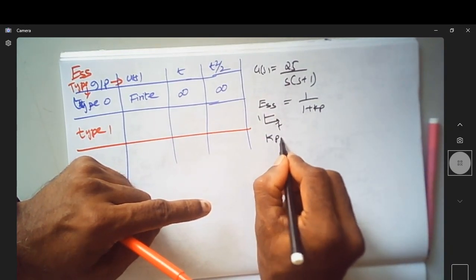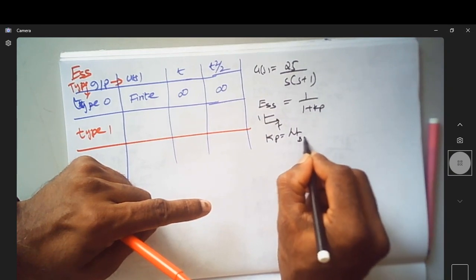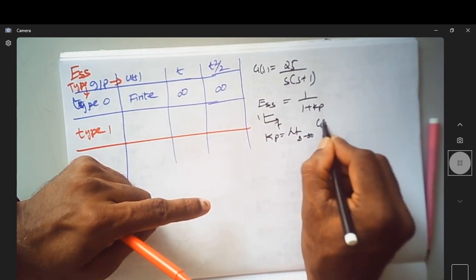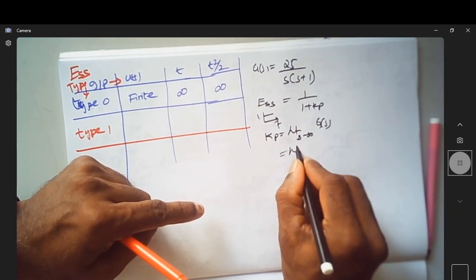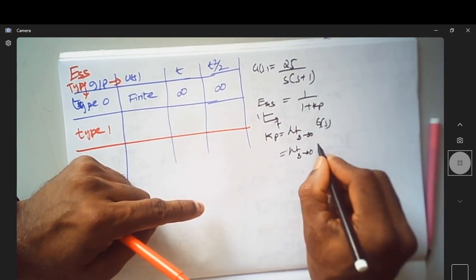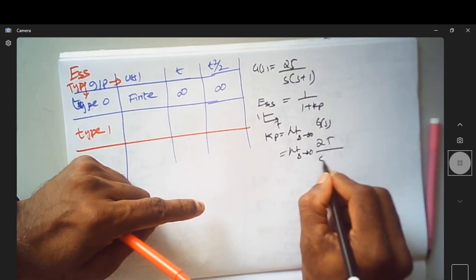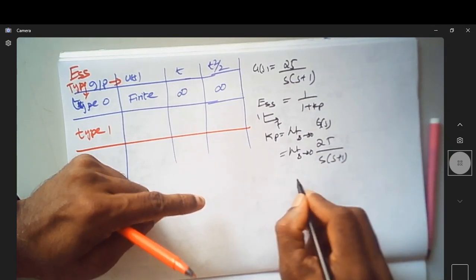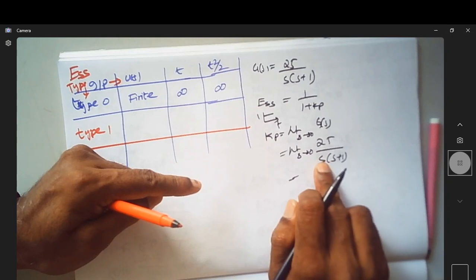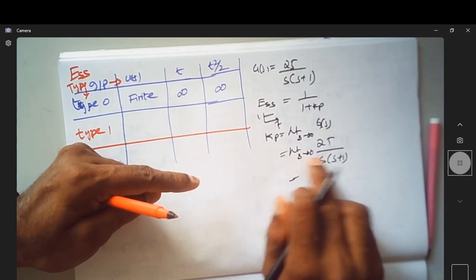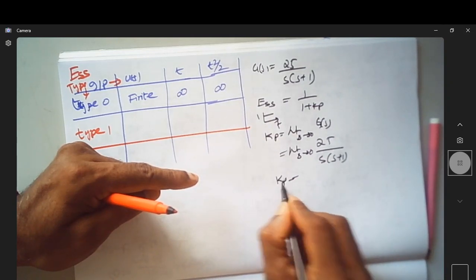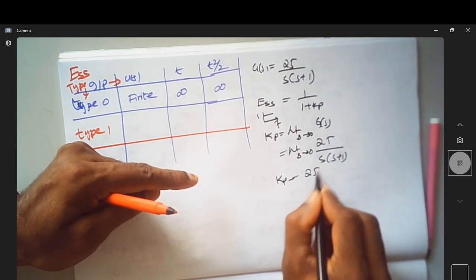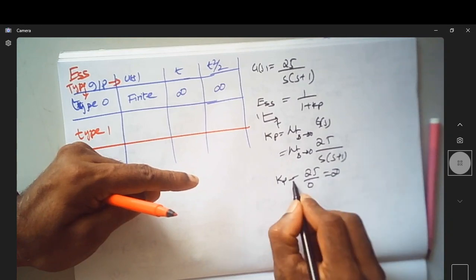So what is Kp? It is limit of s tending to 0, GFS. So what is GFS in this example? It is limit of s tending to 0, 25 by s into s plus 1. So can you see this is 0 here? When you apply that limit of s tending to 0, the Kp will become 25 by 0, which is infinite.